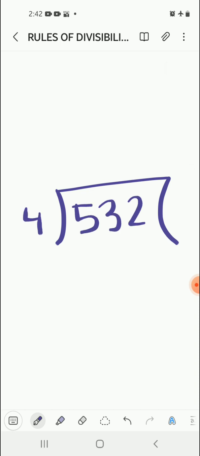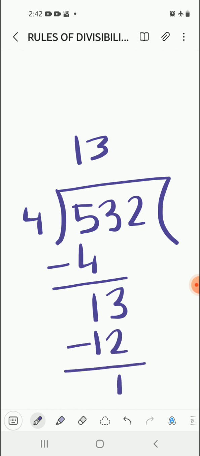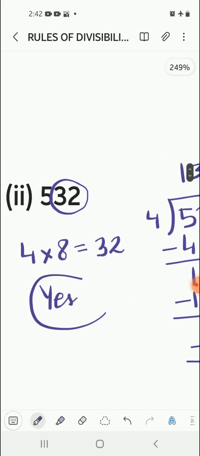If we divide it by 4, we get 1, 13, 4 into 3 is 12, 1 and 2. Again 4 into 3, we get 12, and there is no remainder. So hence proved that yes, my answer is correct.